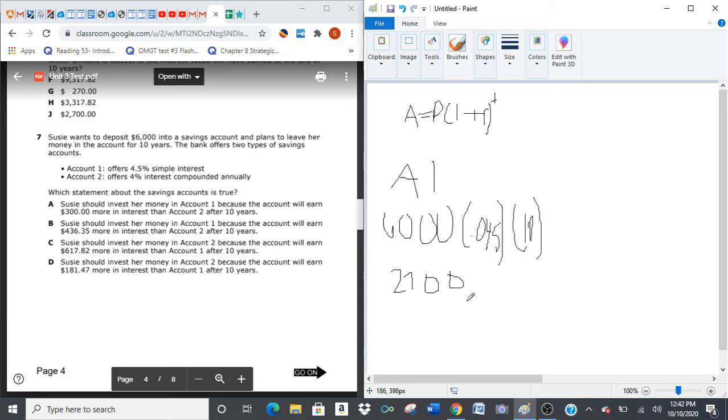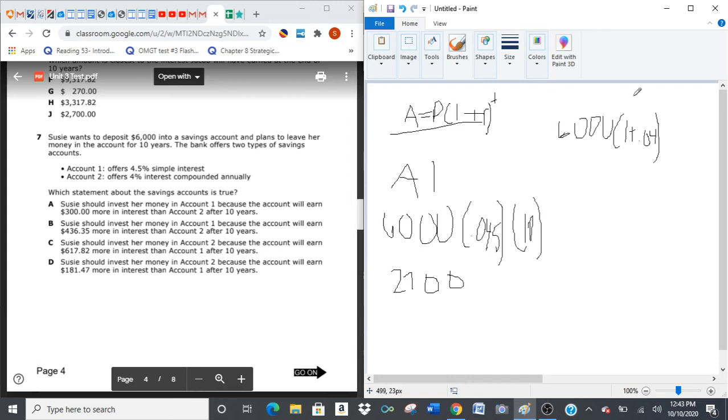All right. Now we're going to have to do compound. But if you notice, compound has a different rate. So our P is 6,000, parenthesis 1 plus, remember, you have to move the decimal over, so it's going to be 0.04, close parenthesis.